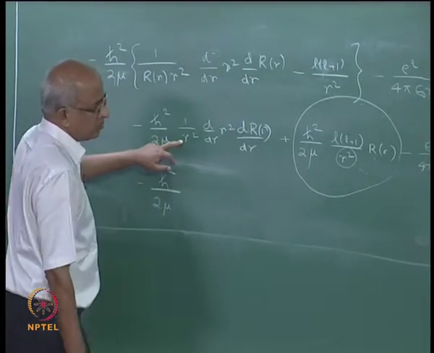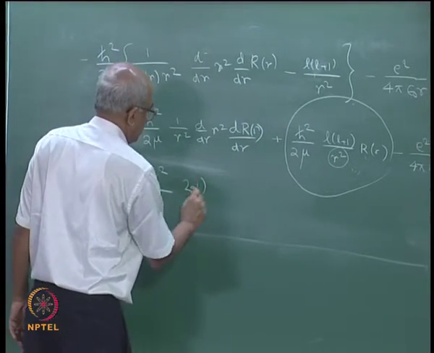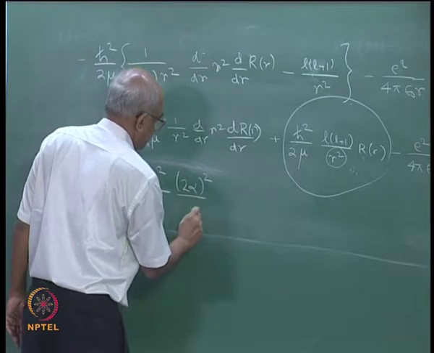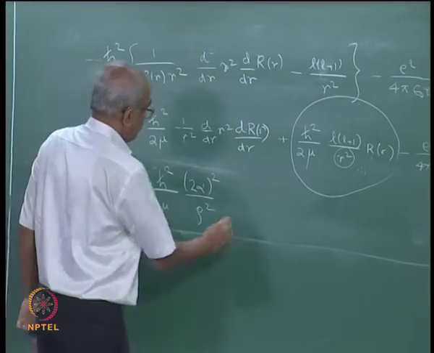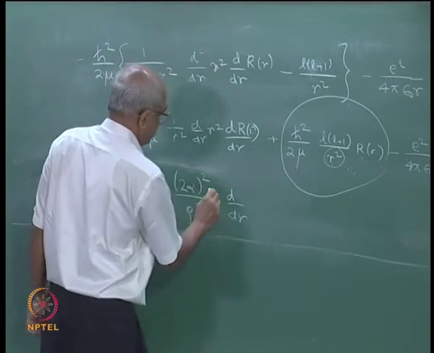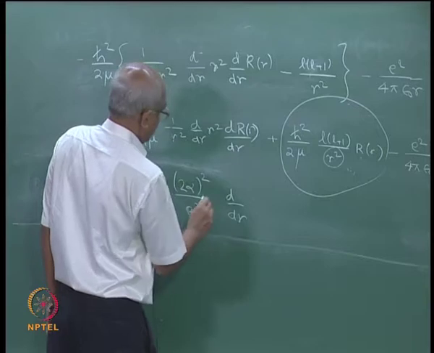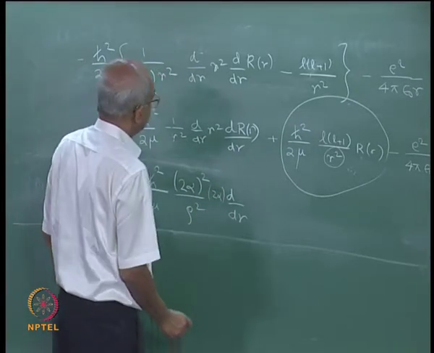What will happen to r square? I am going to get 2 alpha the whole square divided by rho square, right, this one, while d by dr will give me another 2 alpha in the numerator.